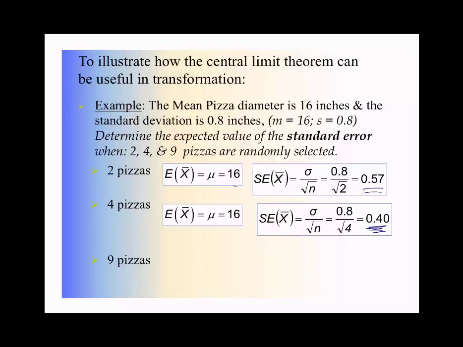Then if we wanted to go with 9 pizzas, the expected value of x bar, mu, is still going to be 16, and our standard error of x bar will be 0.8 divided by the square root of 9, which is 0.8 divided by 3, which should be about 0.267.